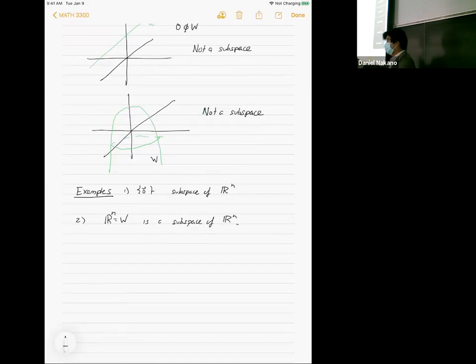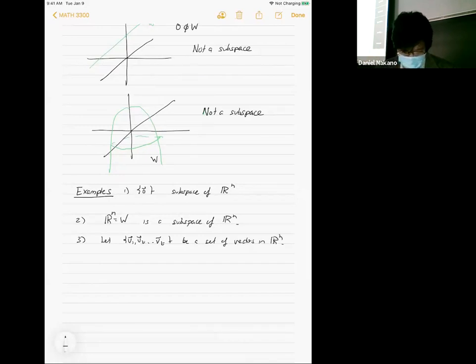So let's say I have a collection of vectors. Span. Okay, so example 3, let V1, V2, up to Vt be a set of vectors, let's say in Rn, okay?